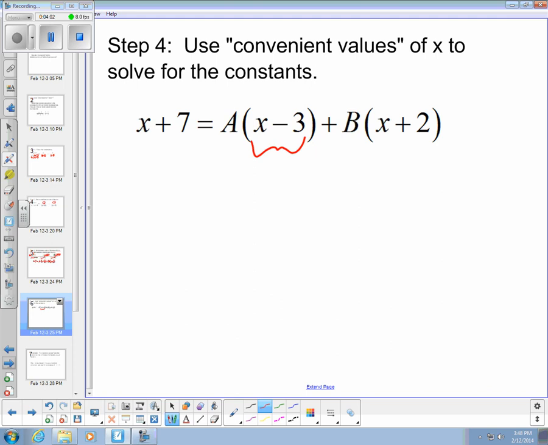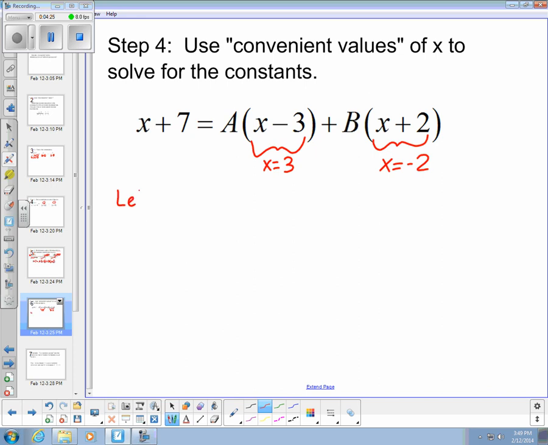So if I have an x minus 3, then I'm going to let x equal 3, because 3 minus 3 will give me a 0, and that'll get rid of my A. I can also use a negative 2, because negative 2 plus 2 will give me a 0 there to get rid of my B. Now I'm not going to do these at the same time. I'm going to do one at a time, but those are the two convenient values.